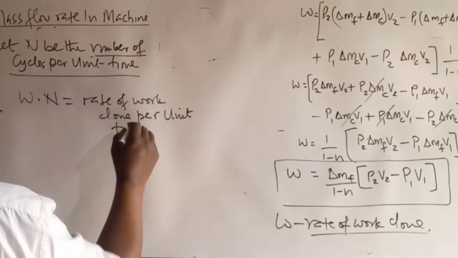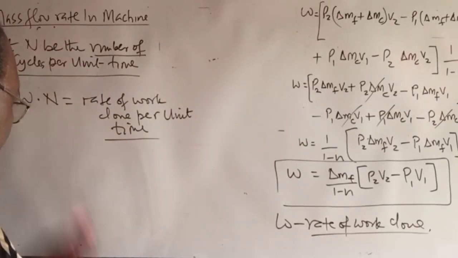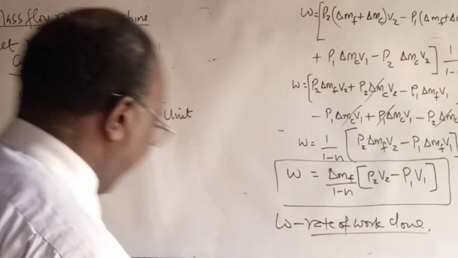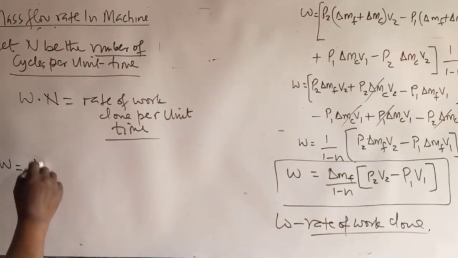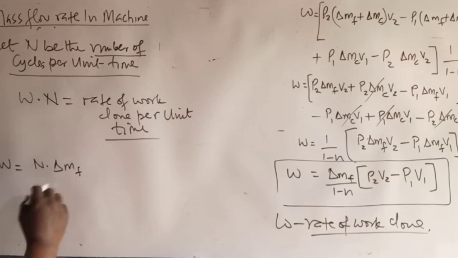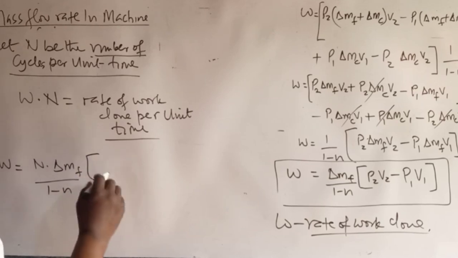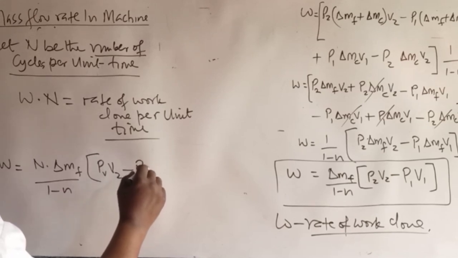Multiply that W by that. So that what we really have there is W is equal to n delta MF over 1 minus n into P2 V2 minus P1 V1.